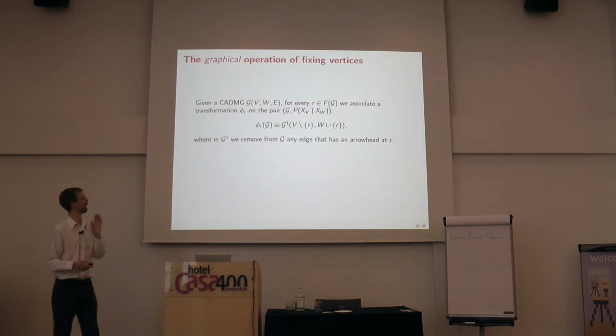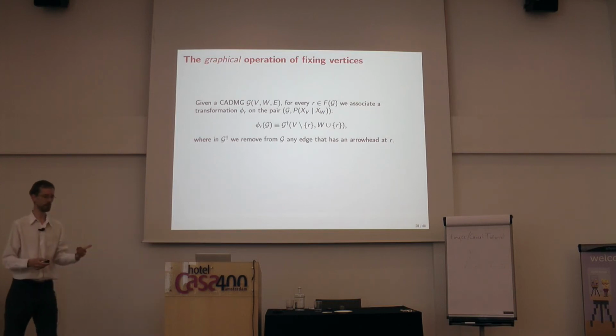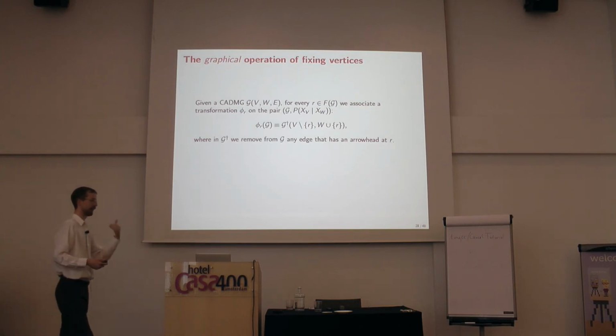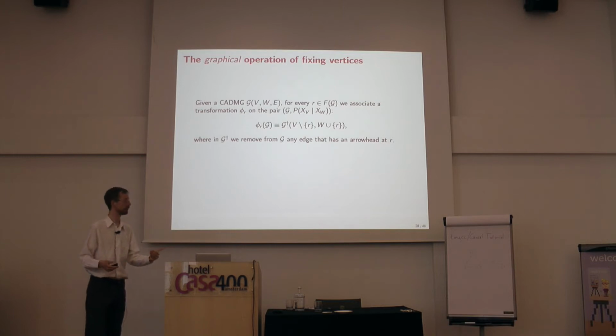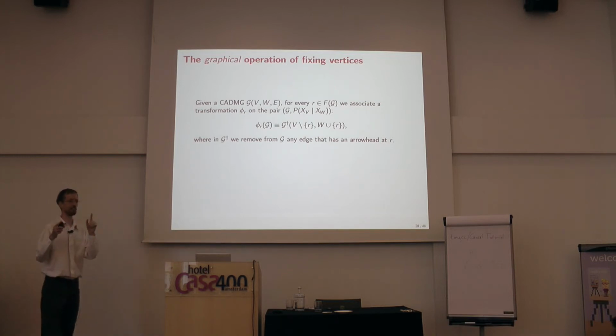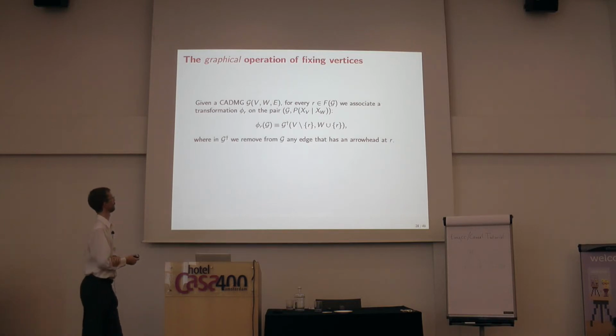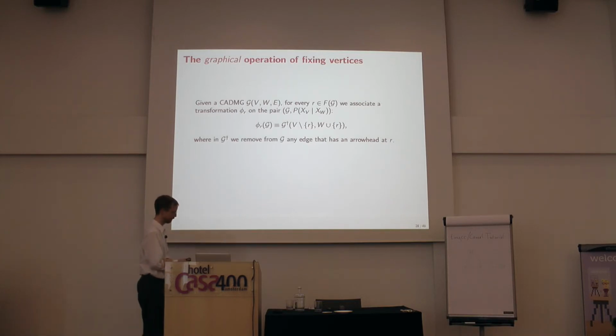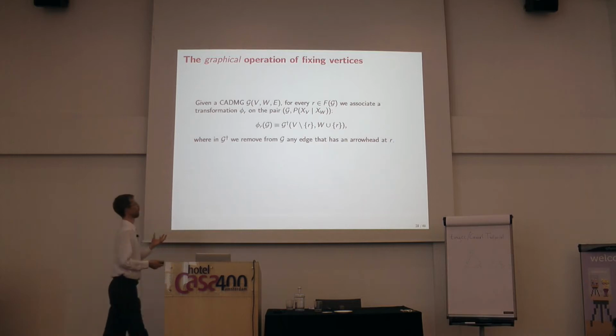Now I'm going to describe an operation, both on a graph and on a distribution, that will fix a fixable vertex. So what does that mean? The graphical operation is very easy.